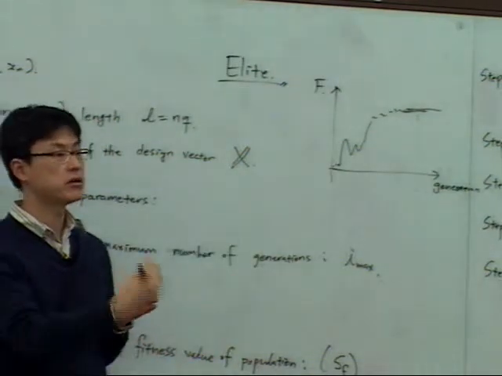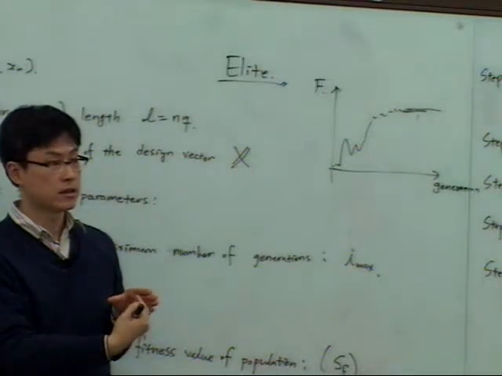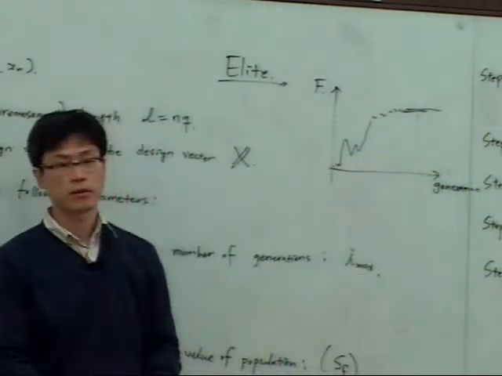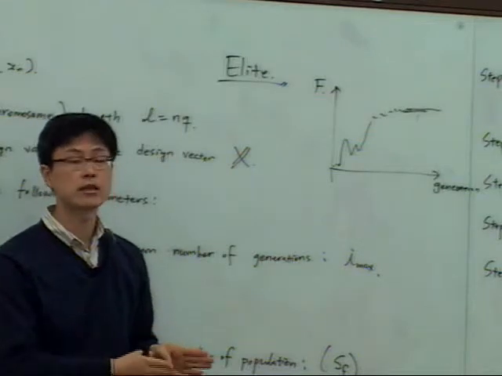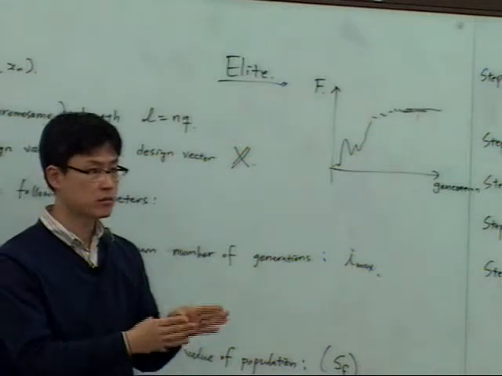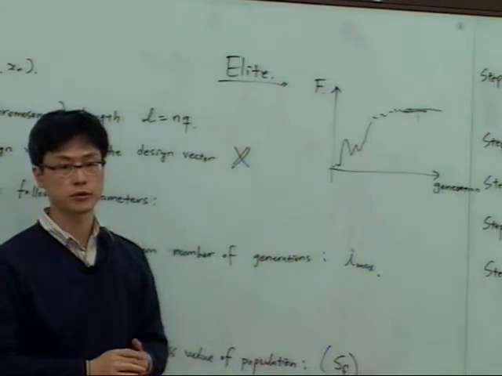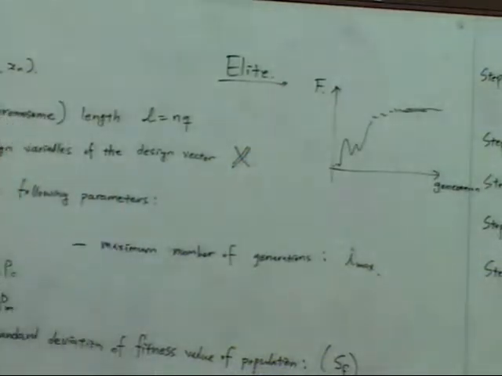Or if the changing ratio of the top 20% elites is stagnated, then you can stop. Or if the standard deviation of the top 20 elites becomes less than some value, then you can stop. It's totally up to you. Okay?